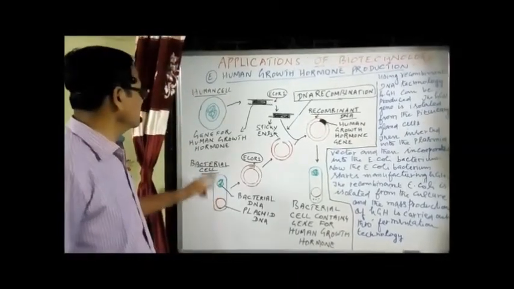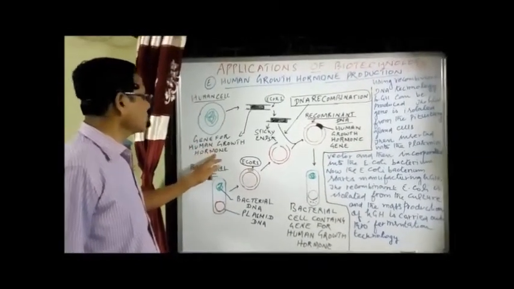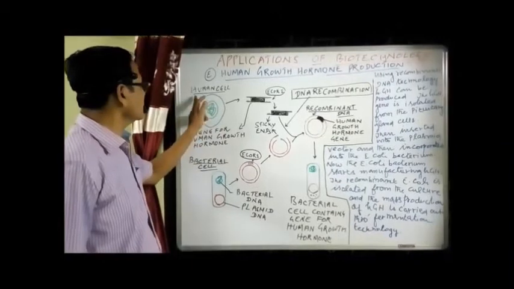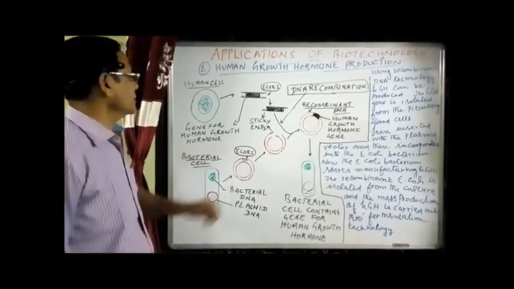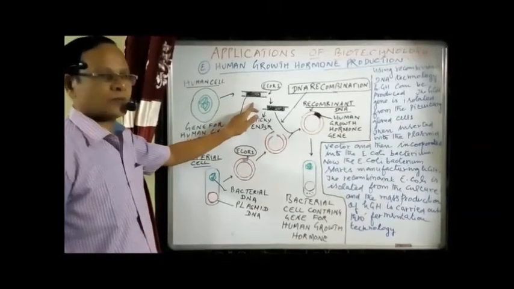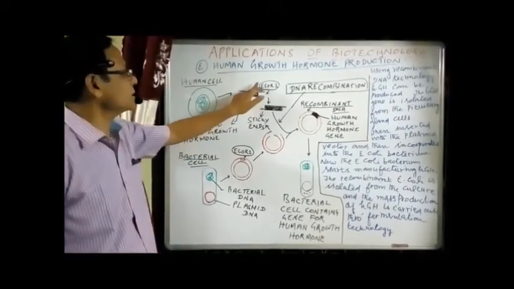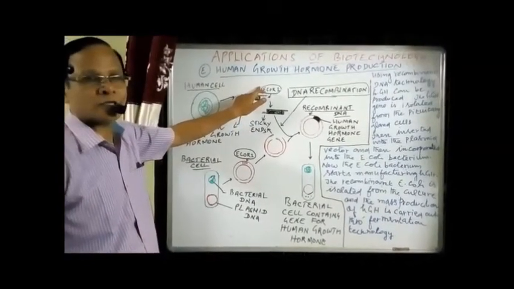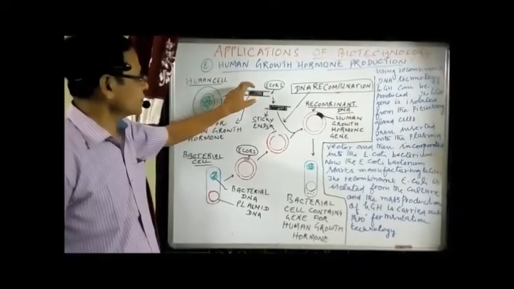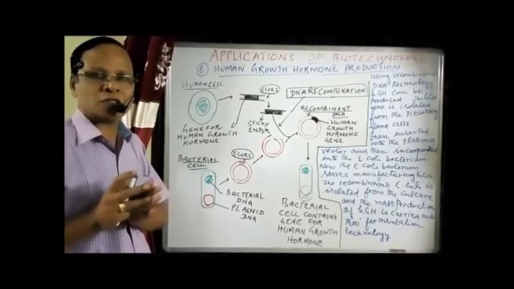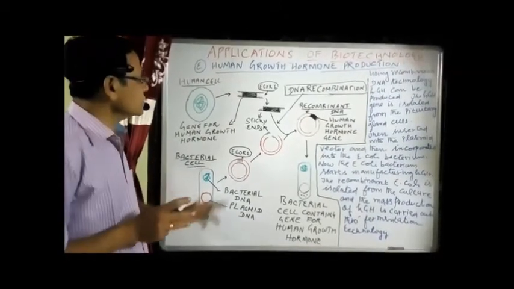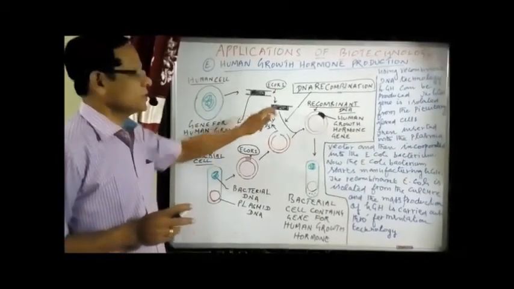The gene for human growth hormone is isolated from the human cell, particularly from the pituitary gland cells. It is cut using the enzyme EcoRI, a restriction endonuclease enzyme, which cuts the DNA at a specific site, resulting in sticky ends.